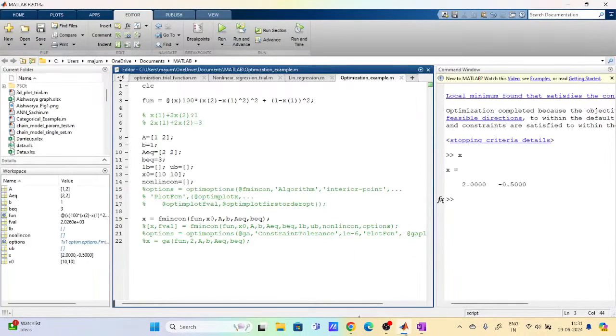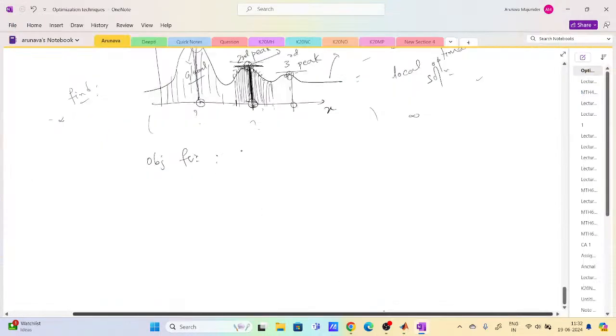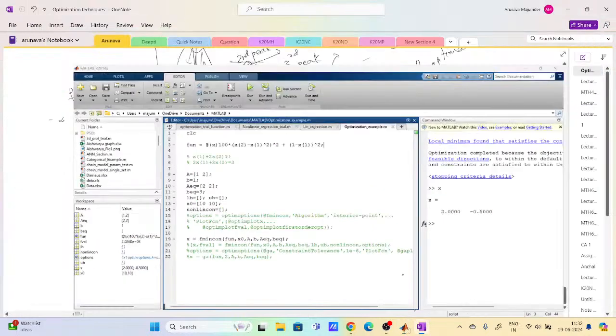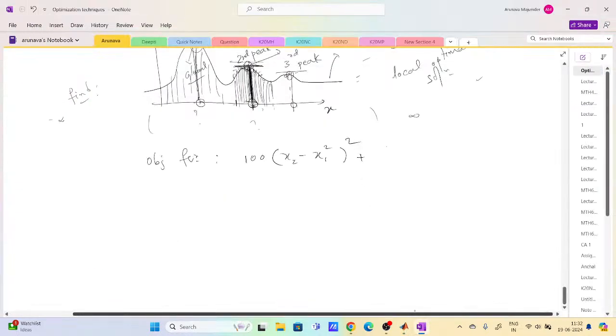The objective function is 100 into (x2 minus x1 square) whole square plus (1 minus x1) whole square.